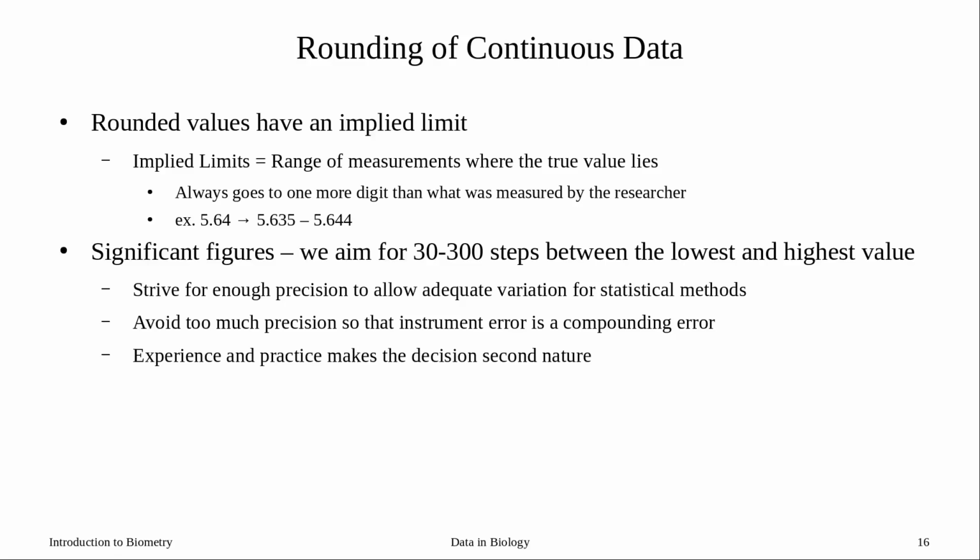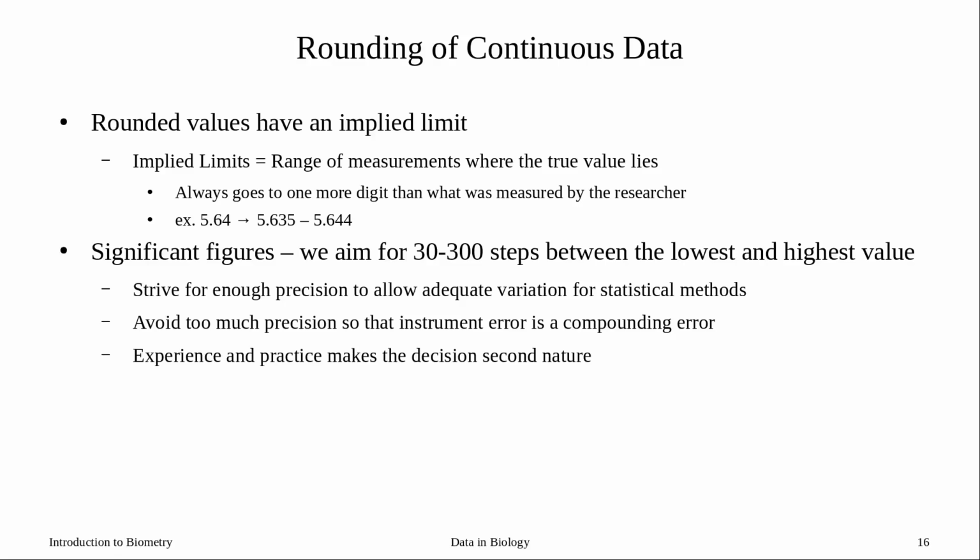What we want is 30 to 300 steps between our smallest value and our largest value. This tends to give us enough precision to adequately describe and detect variation in our data, but it avoids having too much precision so that instrument error starts to have a compounding effect on our analysis.